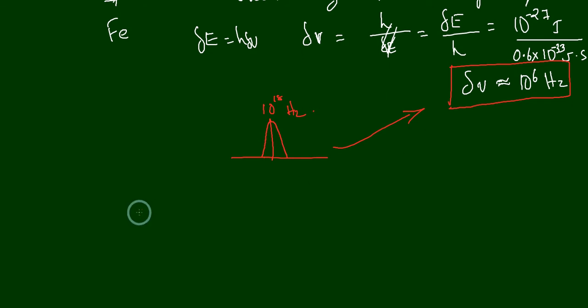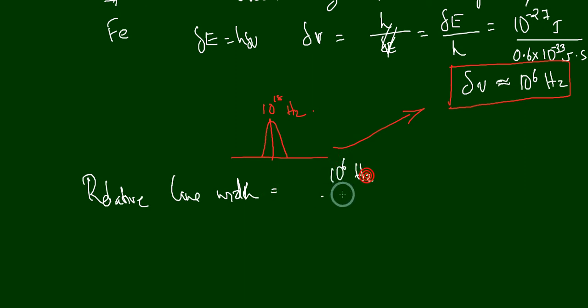So what about the relative line width? The relative line width is 10^6 hertz divided by the original frequency, that is almost 10^18 hertz, and therefore the relative line width is almost 10^-12, not hertz, almost 10^-12.